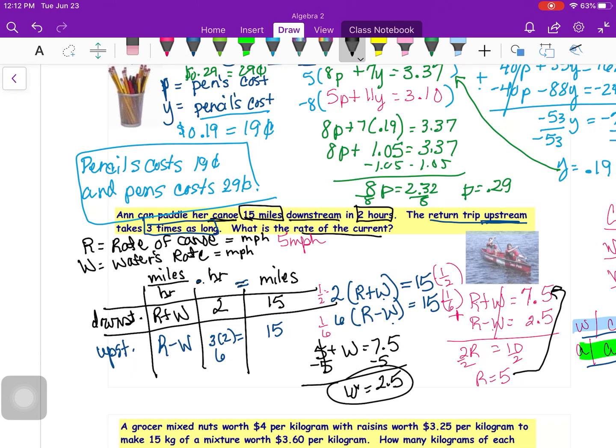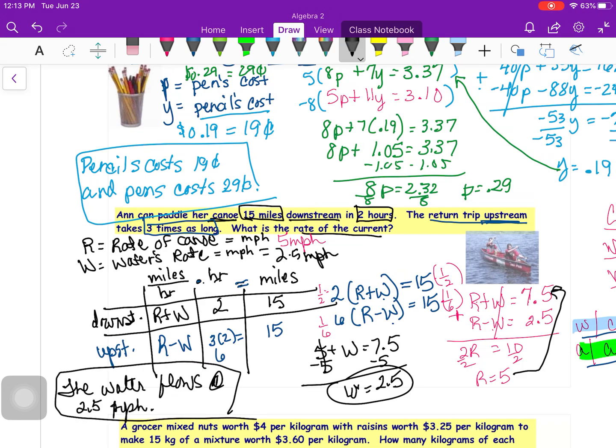W equals 2.5. 2.5 miles per hour is the speed of the water. To show that it makes sense, I'm going to write the sentence. The water flows at 2.5 miles per hour.